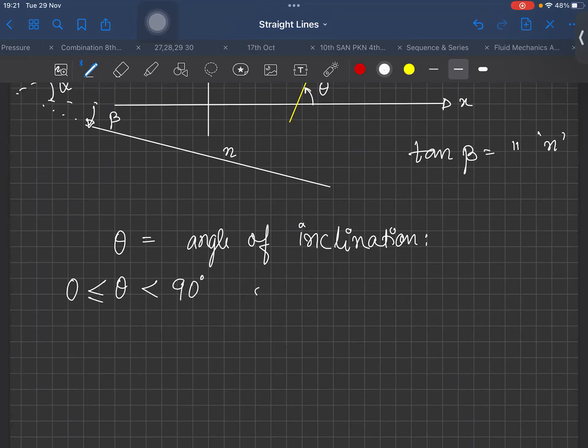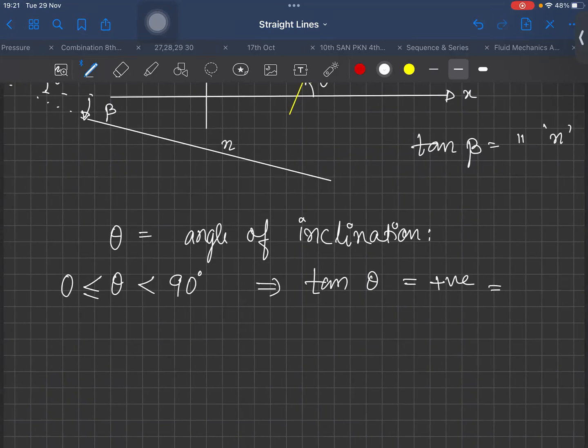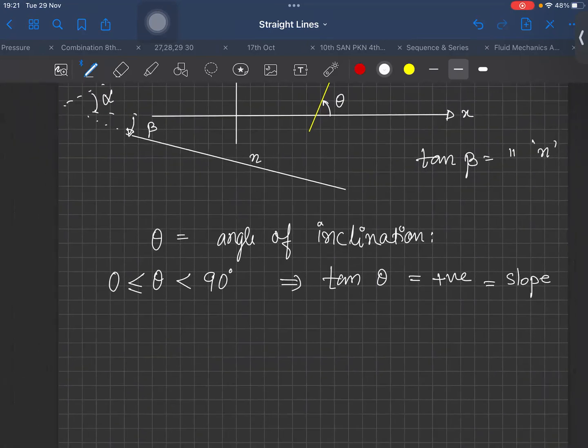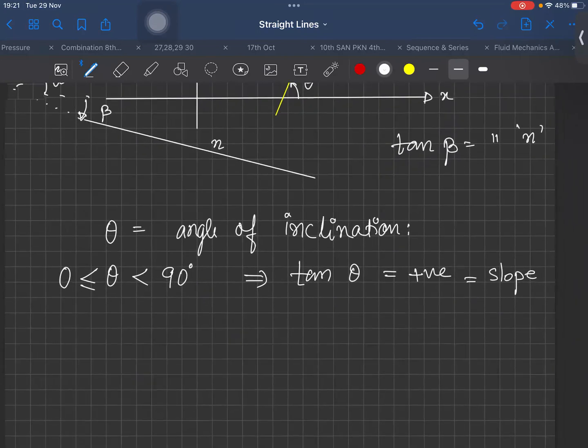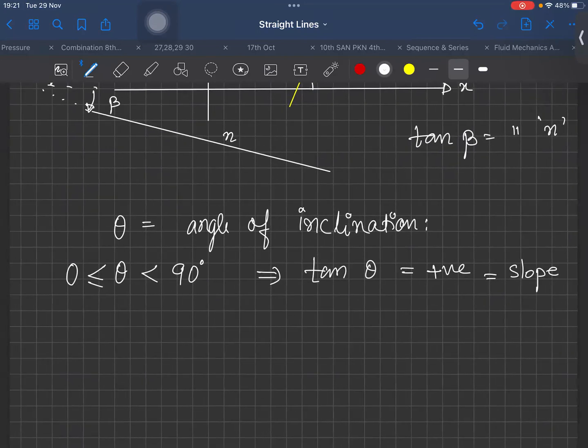So tan theta is what, positive or negative? Tan theta is positive. That means slope is positive, isn't it? Positive slope.